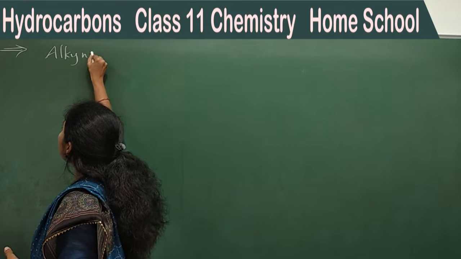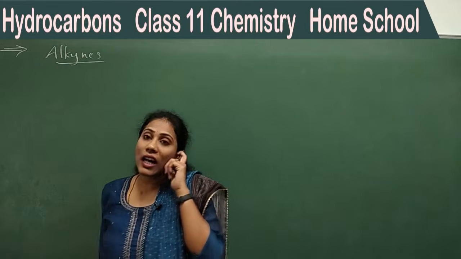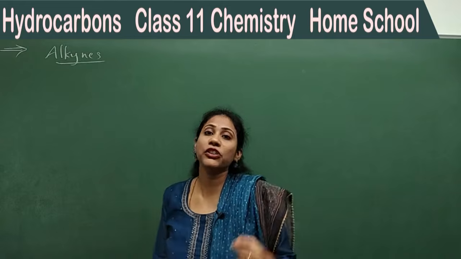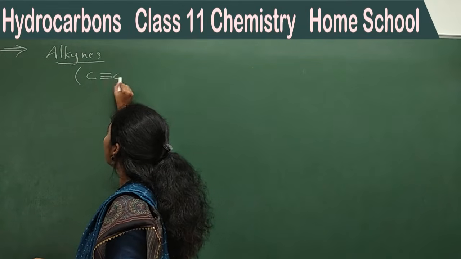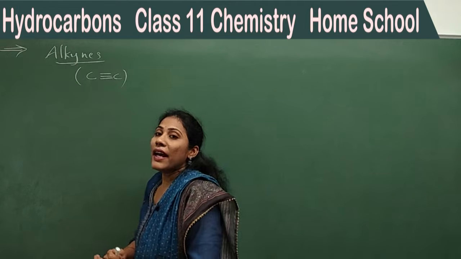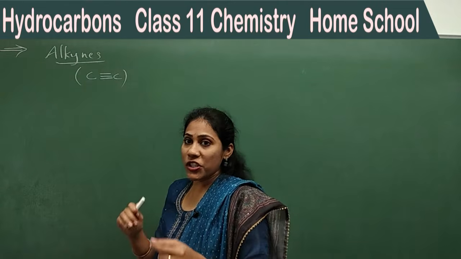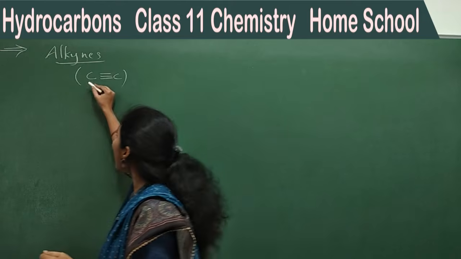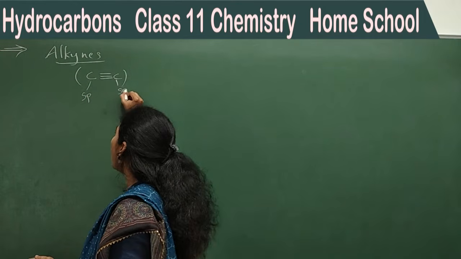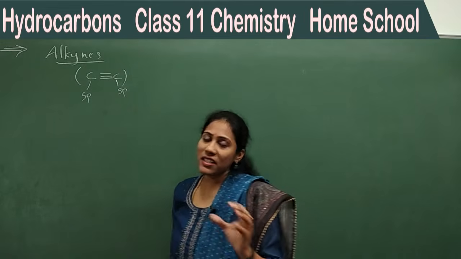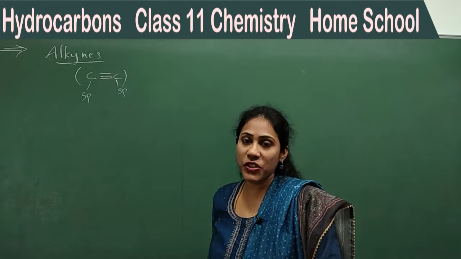Fine. So as the name suggests, alkynes are unsaturated hydrocarbons which have carbon-carbon triple bond, isn't it? And the carbons which have got a triple bond will have sp hybridization. So all this we have discussed in our introductory class of this chapter.